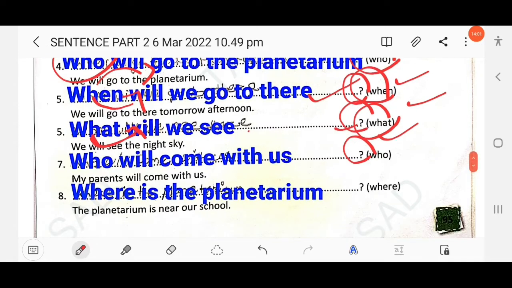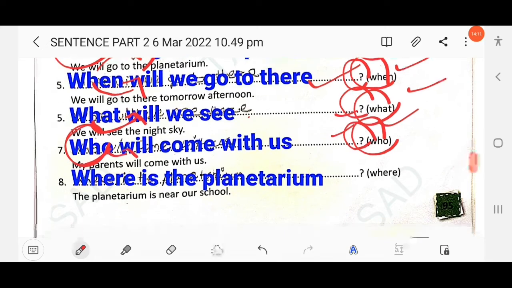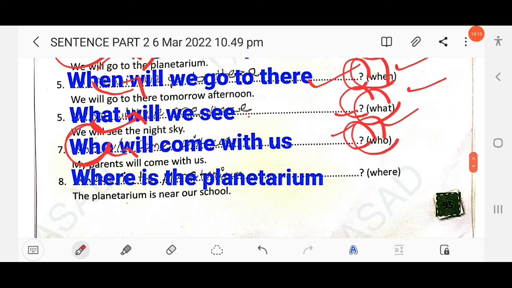The next question: my parents will come with us. Here who is provided. Who will come with us? So here WH word, then verb will. Then next: the planetarium is near our school. Here where is provided. Where is the planetarium? Here WH word, then verb.